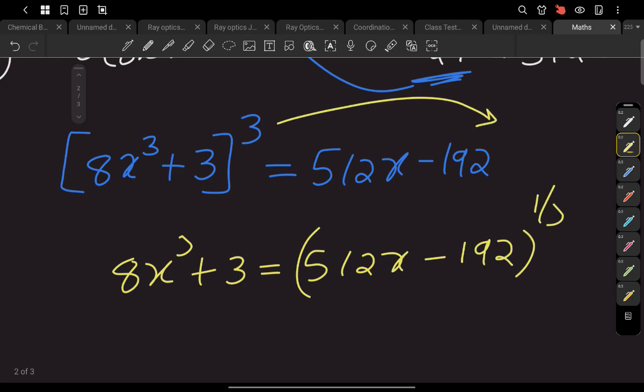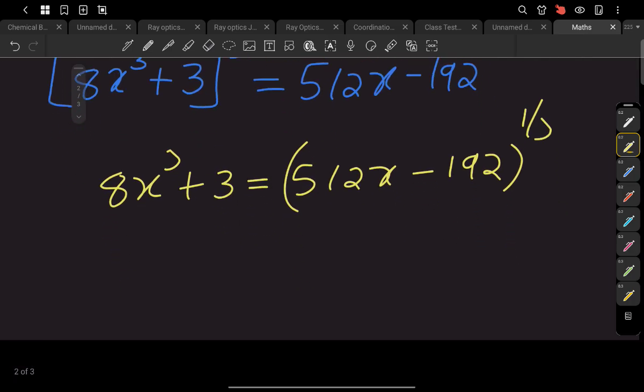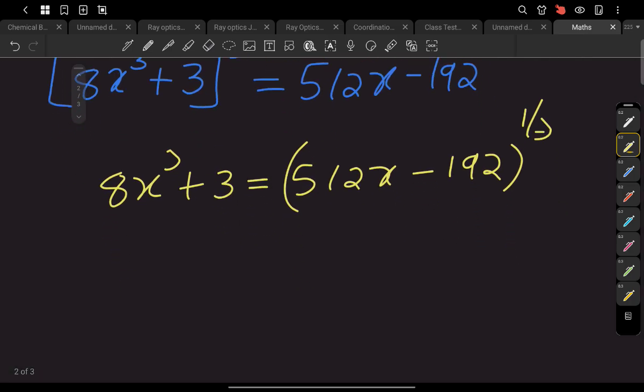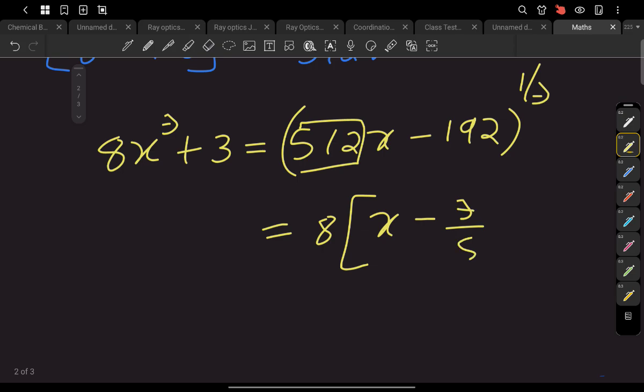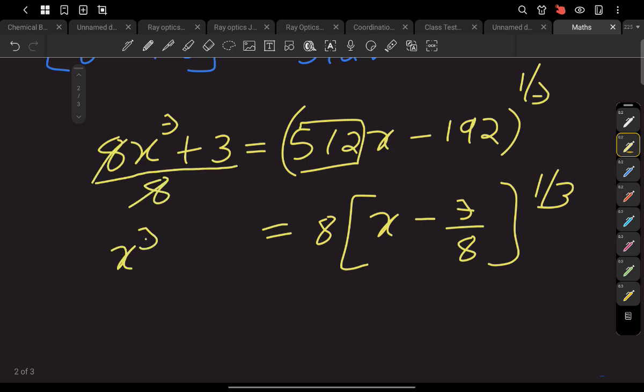We take this cube to RHS and we have done the manipulations over here. So this 512 can be taken as common, so this can be written as 8 multiplied by (x minus 3 to the power 3 divided by 8) to the power 1 by 3, and we will divide 8 from this equation. So what we will get is x cube plus 3 by 8.